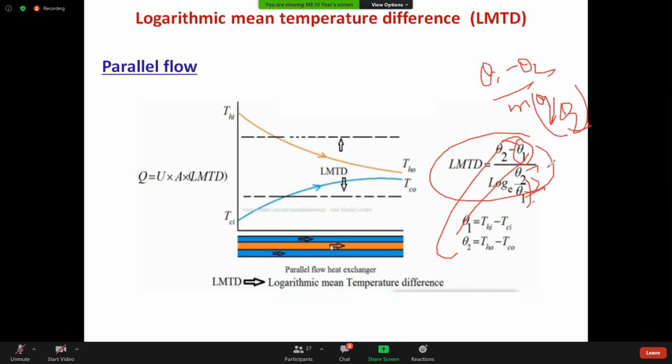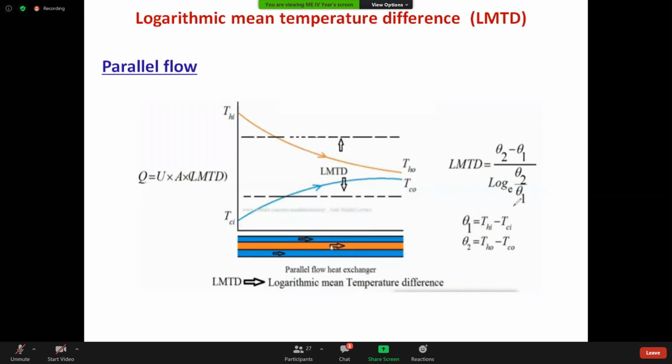You can write either like this or theta 1 minus theta 2 divided by ln theta 1 by theta 2. Whether for counter flow or parallel flow, it is the same thing. But these thetas vary for parallel flow and counter flow. So we will discuss theta 1 and theta 2 again for counter flow.